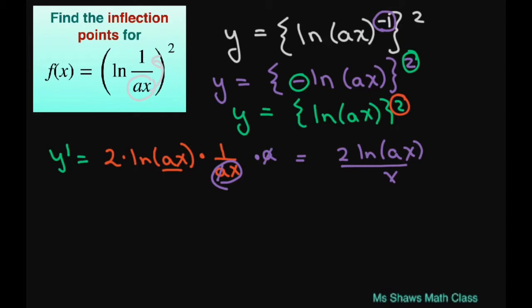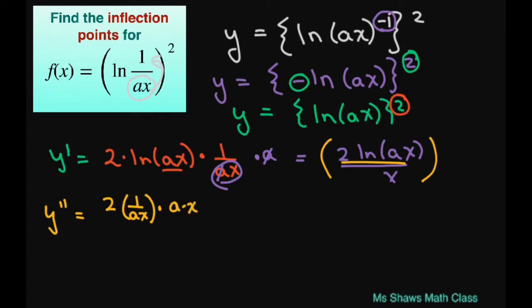Now let's go ahead and differentiate the second time so we can find the inflection points. So when you differentiate again, we're going to have to use the quotient rule. So we're going to take our numerator and differentiate this. So this is going to be 2 times 1 divided by ax times your inner function, which is a times x.